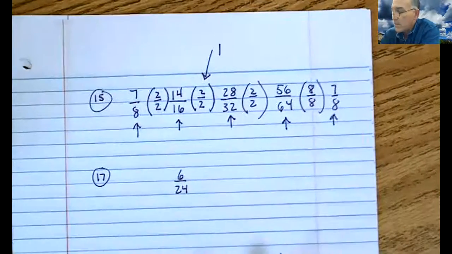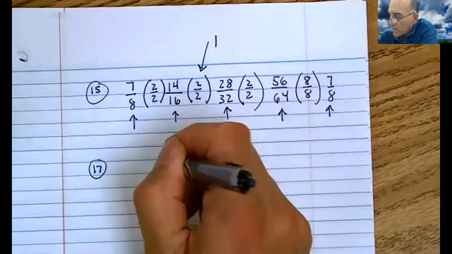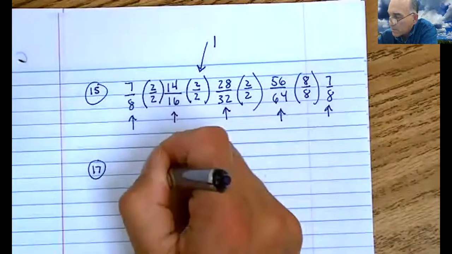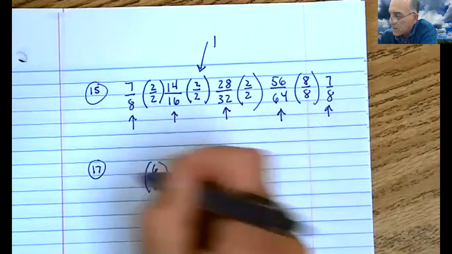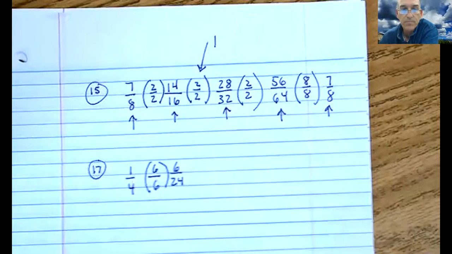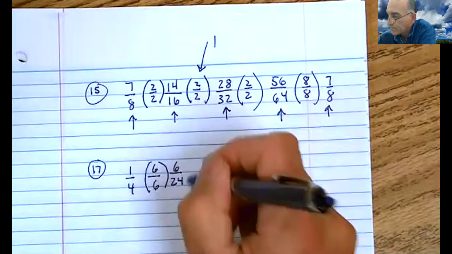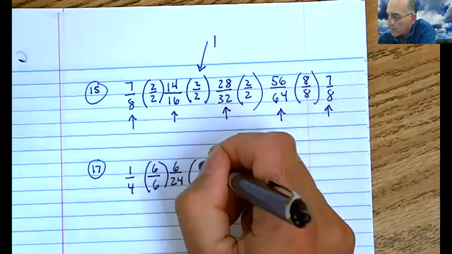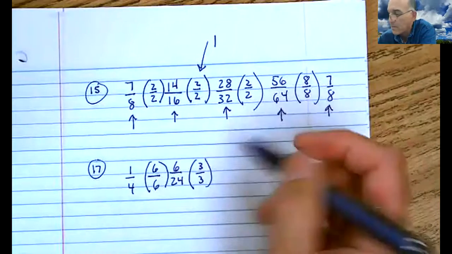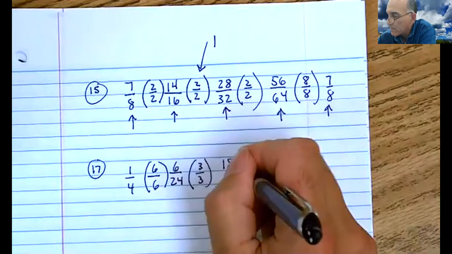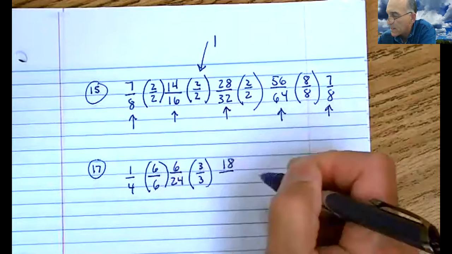Let's take a look at another one. Notice I could divide if I wanted to. I'm going to go this way. I look at this. I could divide by 6. I get 1/4. Make sense? I could come over here and say, it doesn't always have to be 2 like I did before. I could multiply here by 3, and I get 18.